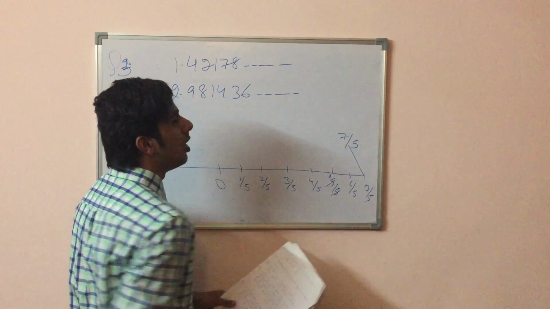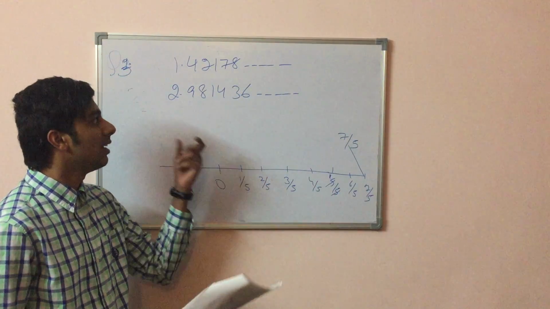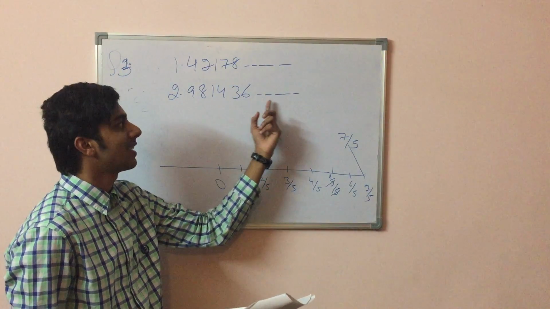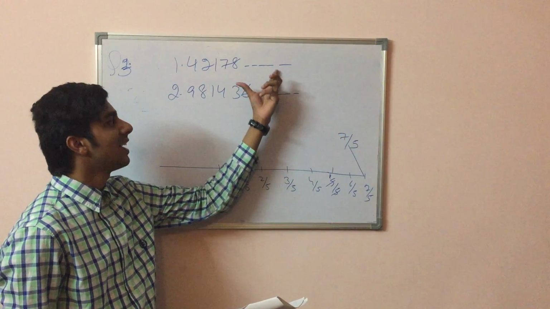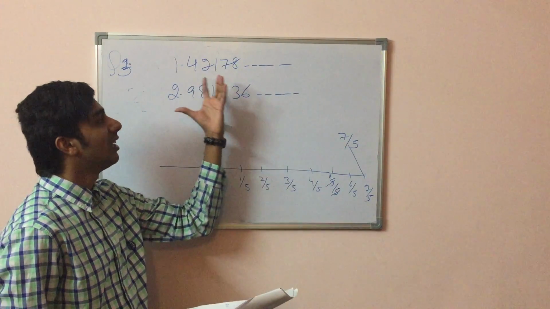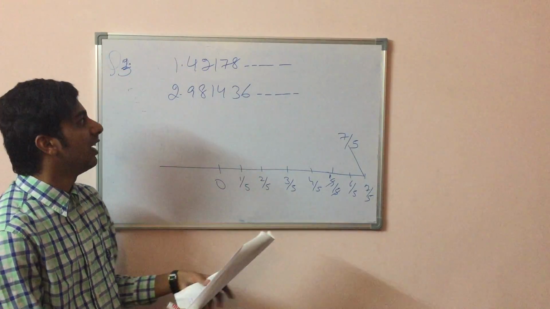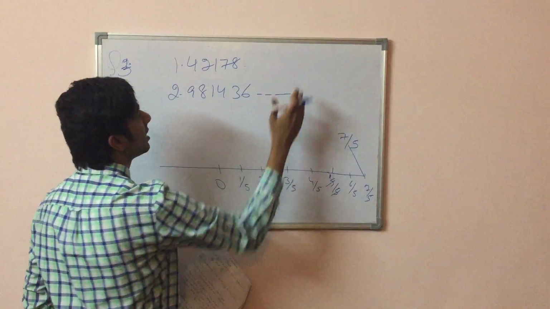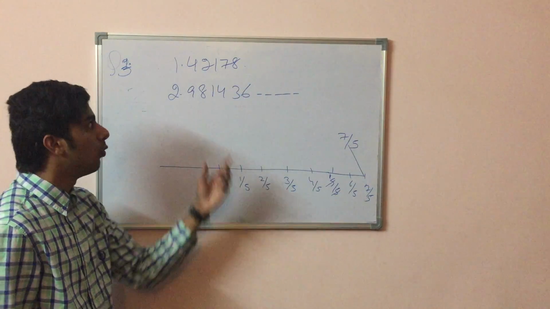2.981436... and all. But the important thing is that the students are not writing these dots. These dots mean that the number is not ending. If I remove them from here, it has become a rational number now. Why?